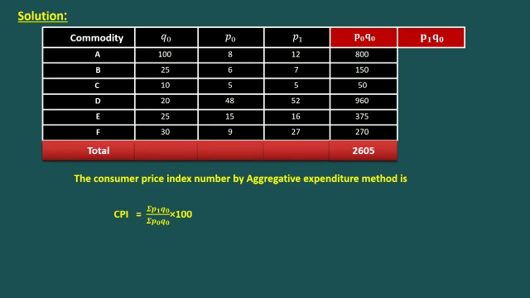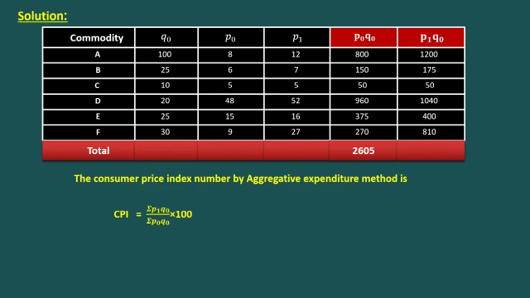Now let us calculate P1 Q0. For commodity A, current year price we have 12, base year quantity 100. So when we multiply 12 and 100, that will give us the answer of P1 Q0 for commodity A as 1200. Similarly, we compute P1 Q0 for commodity B, C, D, E and F. Then, by adding the values of P1 Q0 column, we obtain the total of P1 Q0 as 3675.